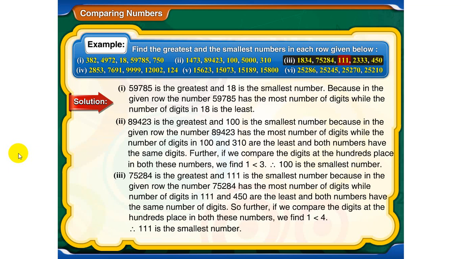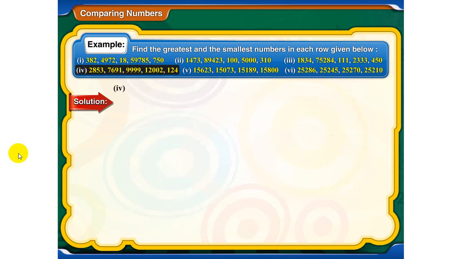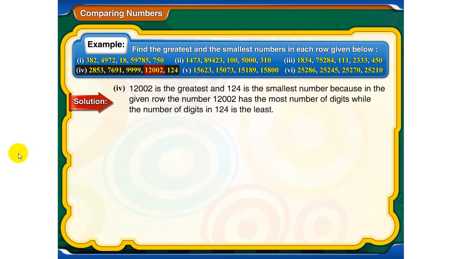Therefore, 111 is the smallest number. 4. 12,002 is the greatest and 124 is the smallest number because in the given row, the number 12,002 has the most number of digits, while the number of digits in 124 is the least.